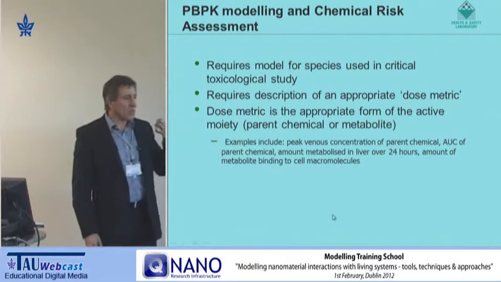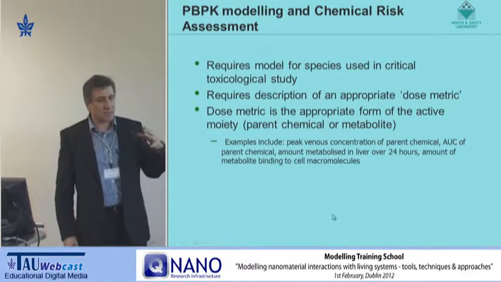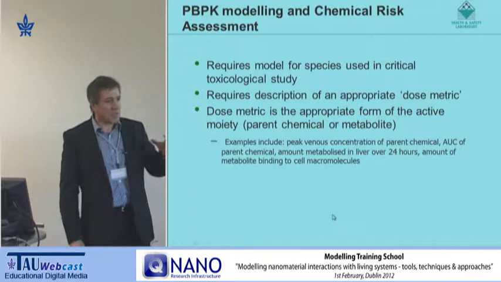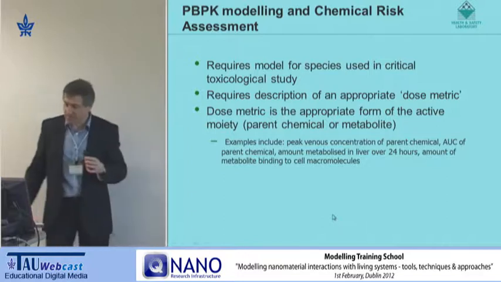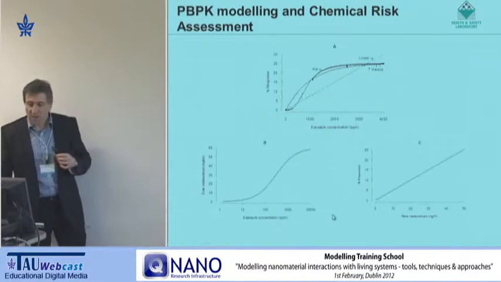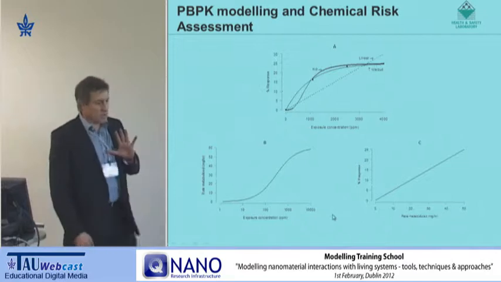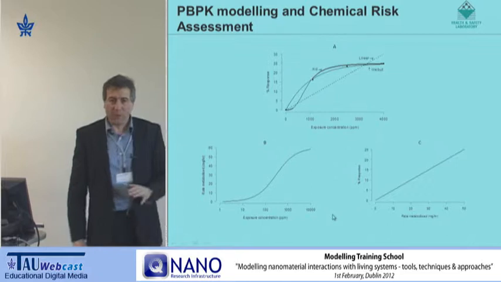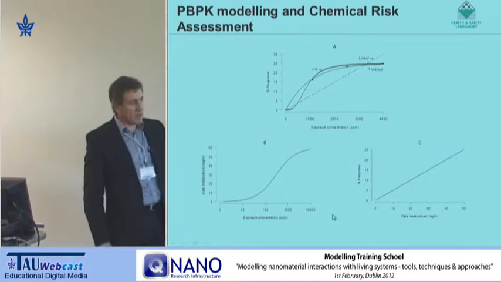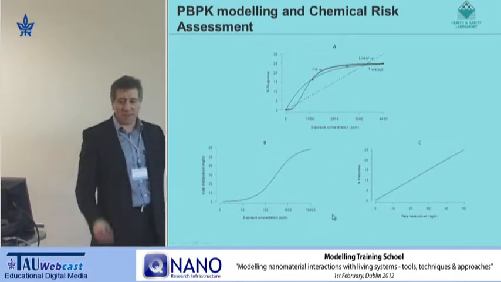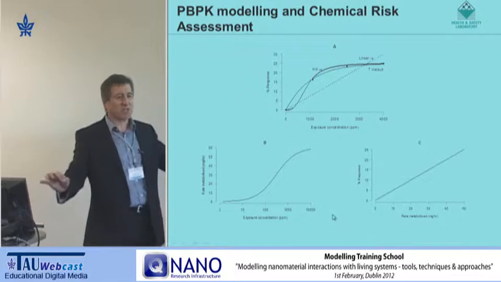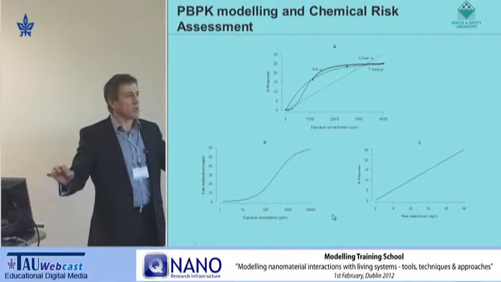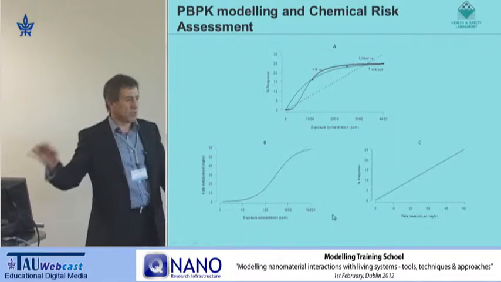As I said before, what is the appropriate form of the substance in that study that you believe is causing the toxic effect? This graph, this slide just wants to emphasize the point that as you go from exposure concentrations in the atmosphere to concentrations down at the cell, you get a far better correlation with response.